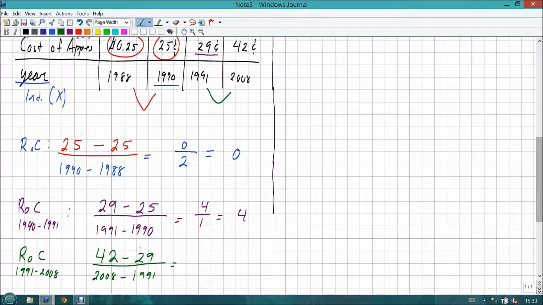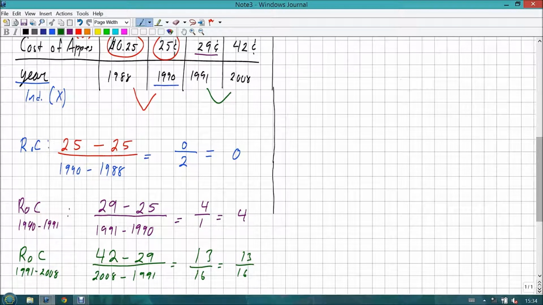So 42 is 13 away from 29. And then from 1991 to 2008 would be 16. So this would be 13 cents over 16 years, or 13/16 of a cent. Which is not very much. Actually, that's less than a penny per year if you look at it that way.